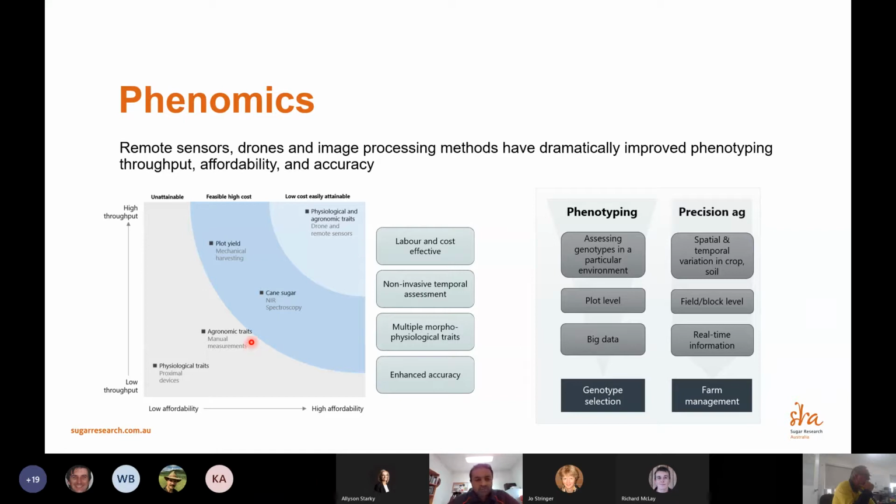But with drones and remote sensors, we are able to phenotype the same agronomic and physiological characteristics with quite low cost and with quite high throughput. So the ability to phenotype some of these traits has improved dramatically in the last few years.